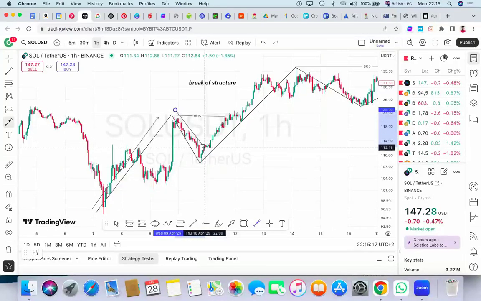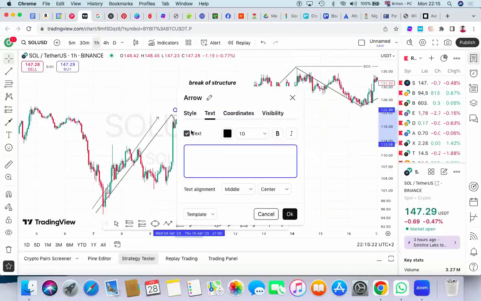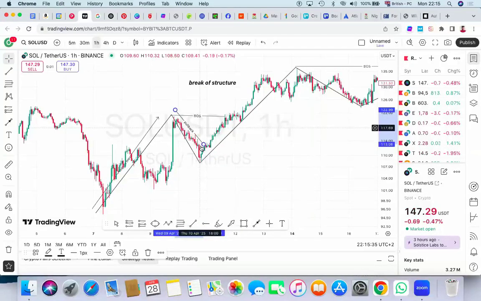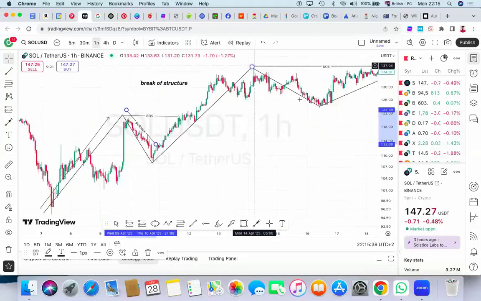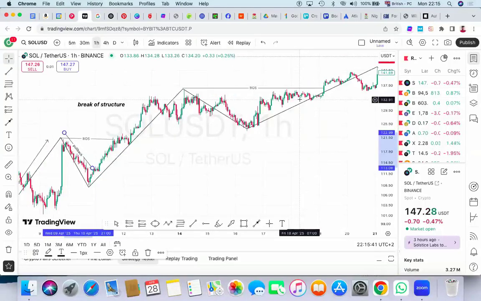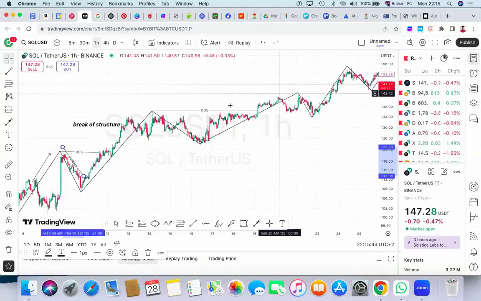We'll have a pullback leg. You have your pullback move, and so on and so forth, right? So again, you have your impulsive move, and then you have a pullback leg, right? So now for a structure to break, there will be a pullback.